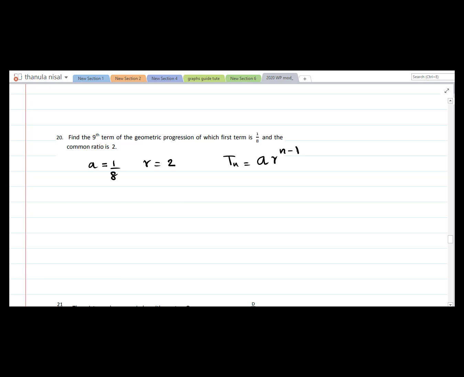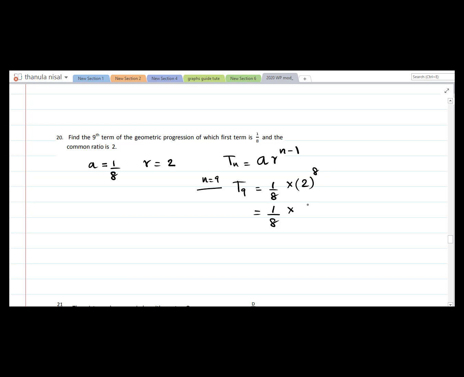They are asking to find out the ninth term. Therefore n equals 9. T9 equals a is 1/8, r means 2. If n is 9, n minus 1 should be 8. 1/8, then 2 to the power 8.